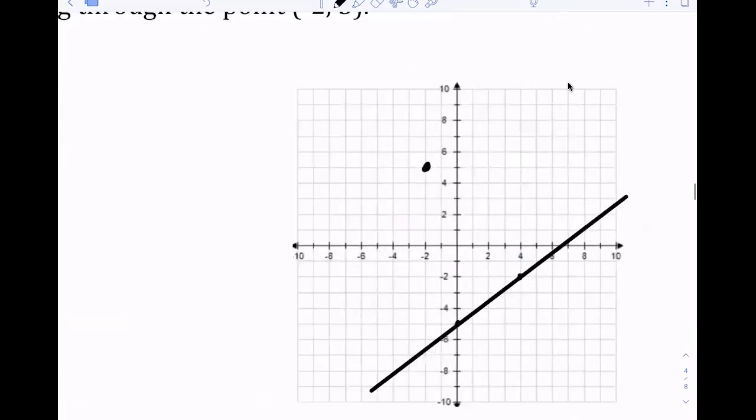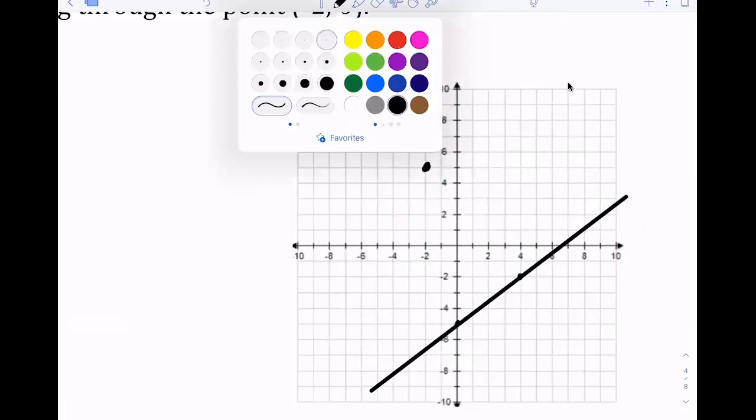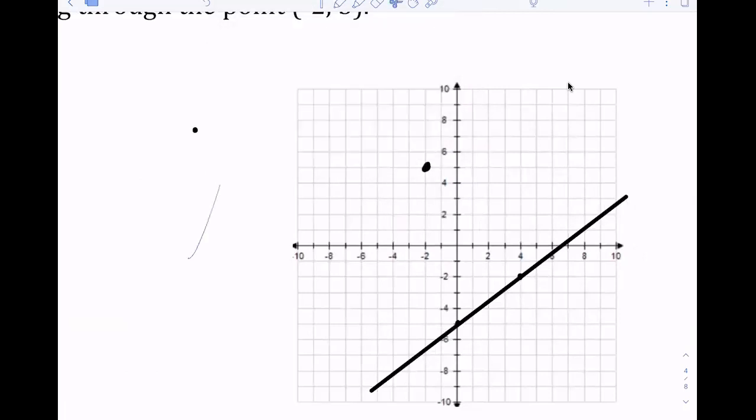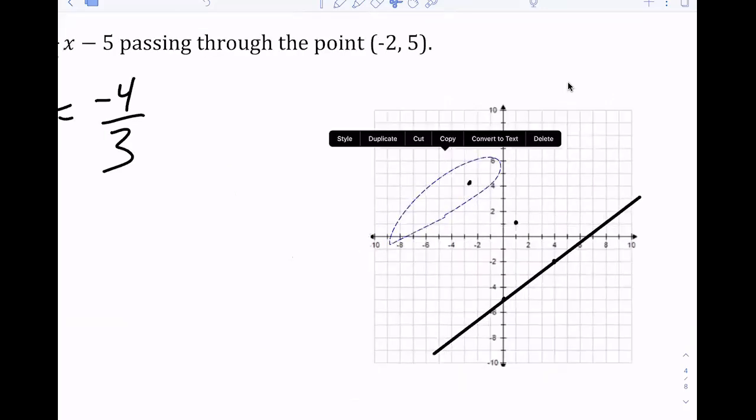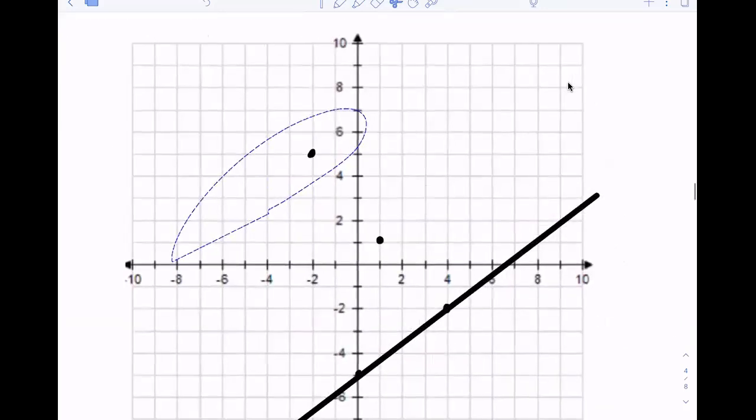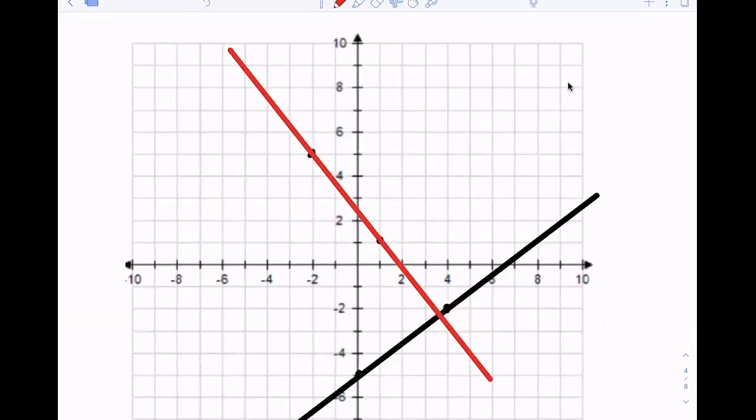So from this point, I'm going to go what? Down 4 and to the right 3. So watch. Down 4, 1, 2, 3, 4, over 3. So it's right there. Now I want to make this smaller. Now from there, if I draw the line and I go through the other line, it should look like what type of angle? 90-degree angle.